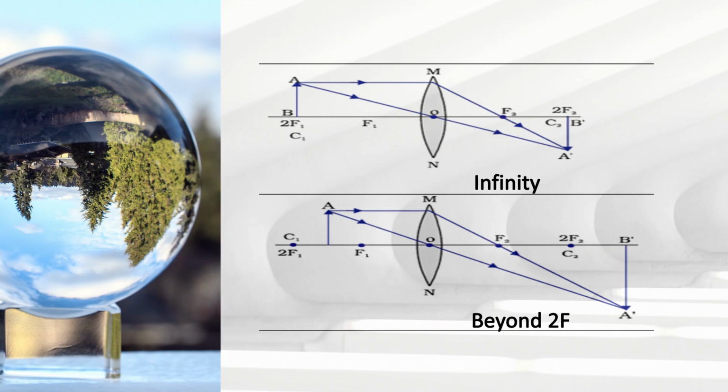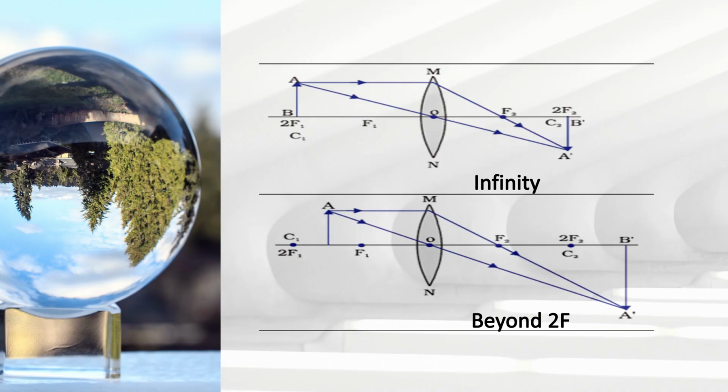But if an object is between infinity and 2f, then you can see that one ray coming from the top of the object is passing through the optical center, and the one ray which is coming parallel to the principal axis is passing through the focus. Both are meeting where? They are meeting between 2f and f.